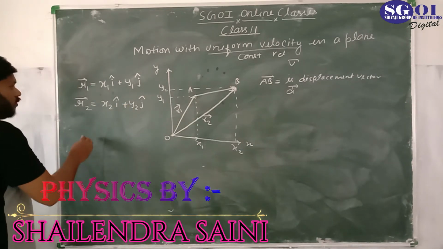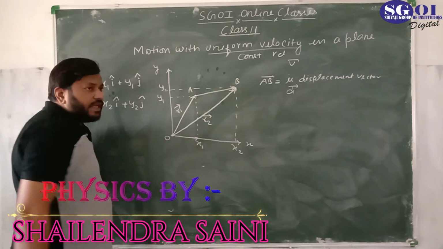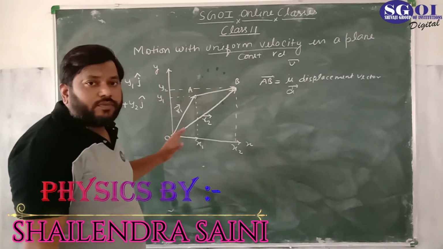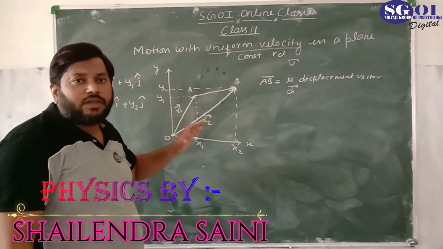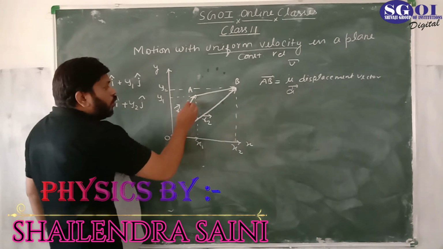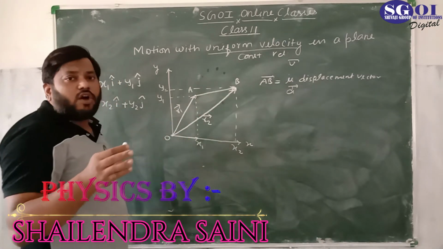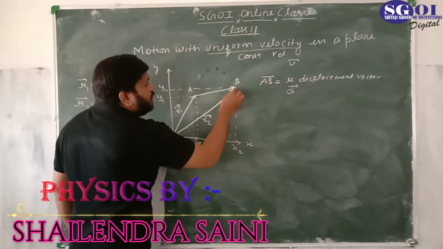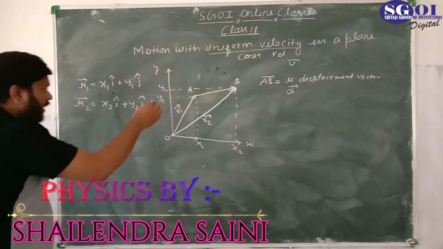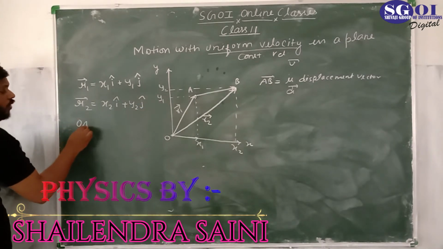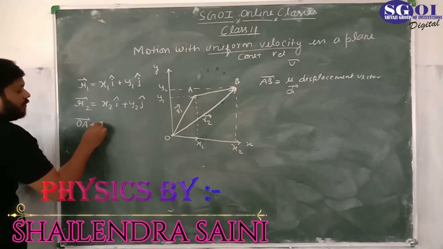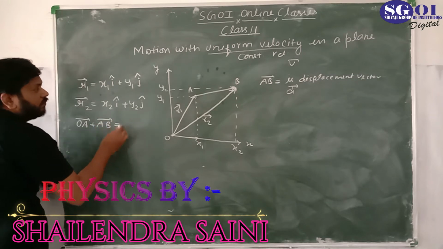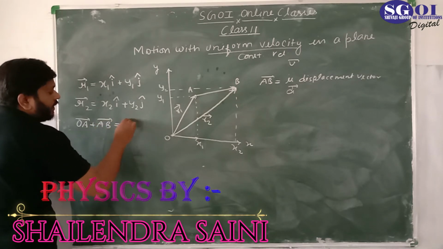Now from the vector addition, using the triangular, graphical method, we know that we move along the direction of the arrow. OA vector plus AB vector equals OB vector.